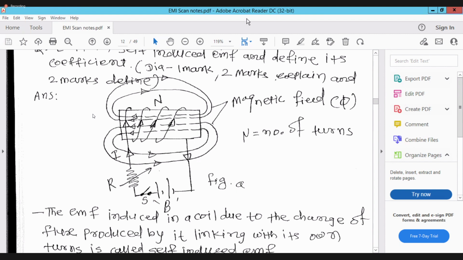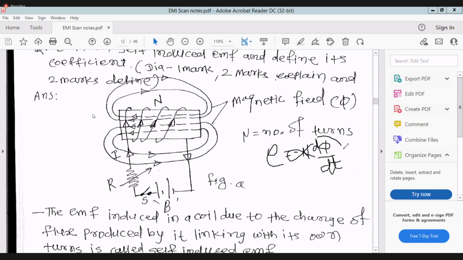We know the formula here: induced EMF is equal to minus n d phi by dt, the rate of change of flux. Or I can write that the induced EMF is directly proportional to the rate of change of flux.